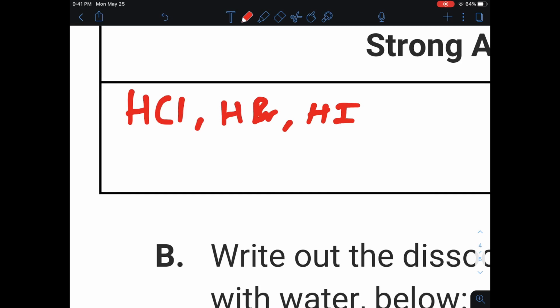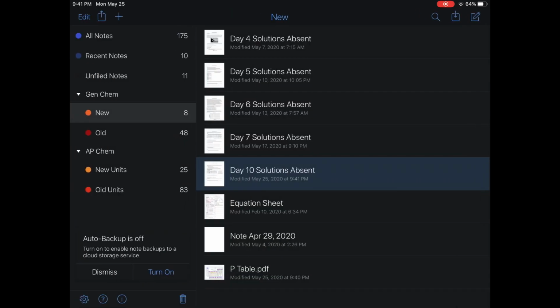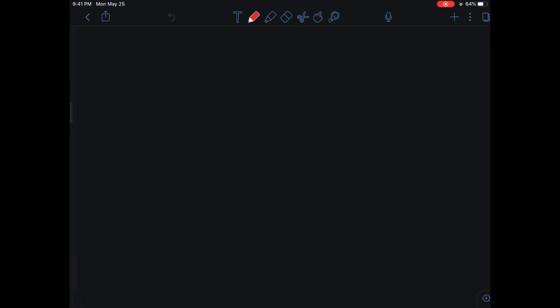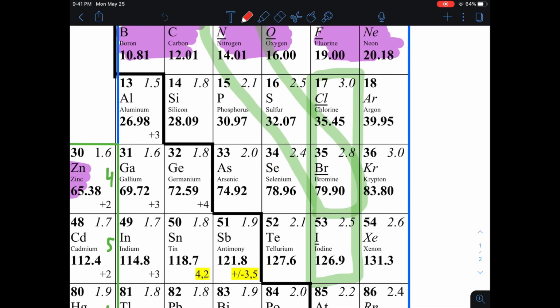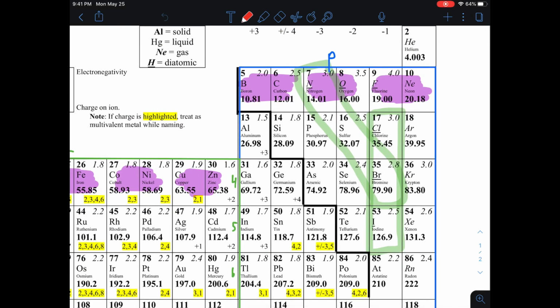Those 3 monoprotic acids, monoprotic meaning 1 hydrogen, each have halogens as their anions: chlorine, bromine, iodine. They are all halogens.